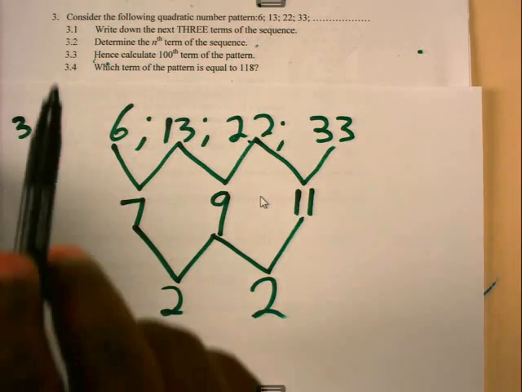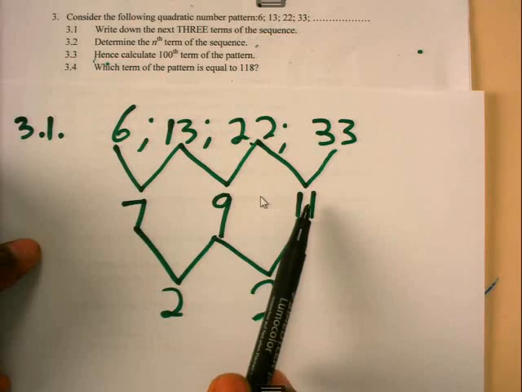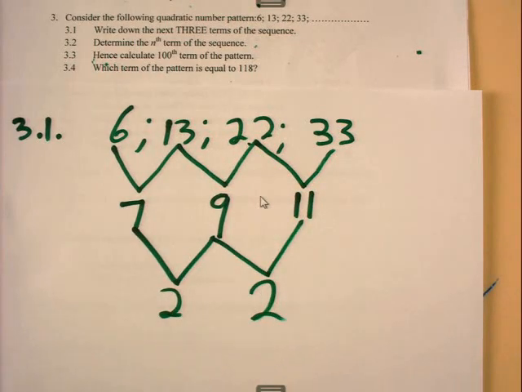But in this instance, the question says, write down the next 3 terms of the sequence. So we have the first difference, and you can tell that the first difference is a linear number pattern.